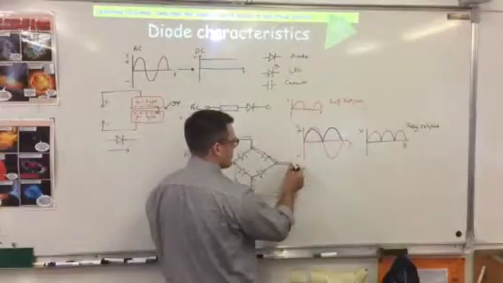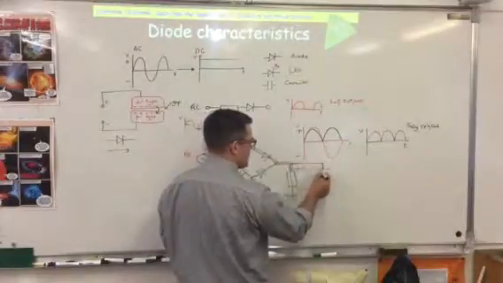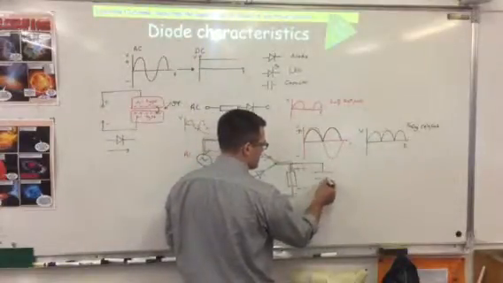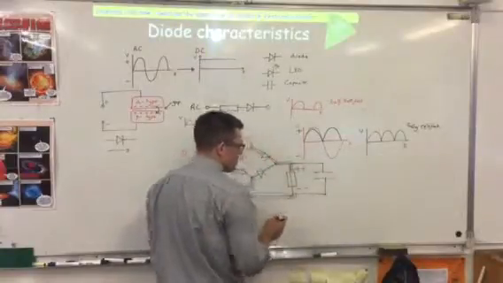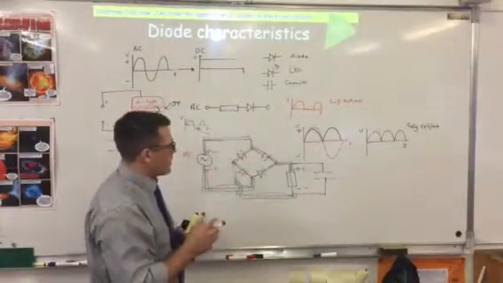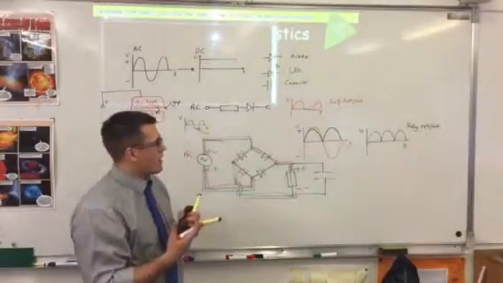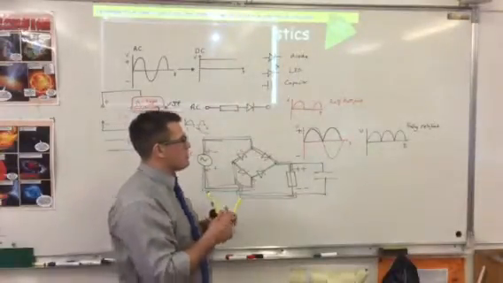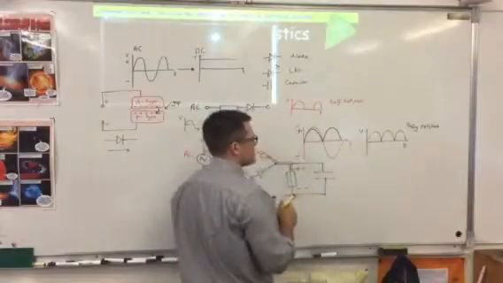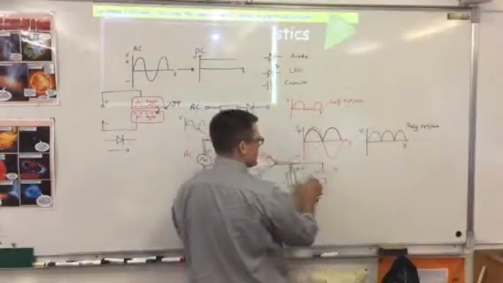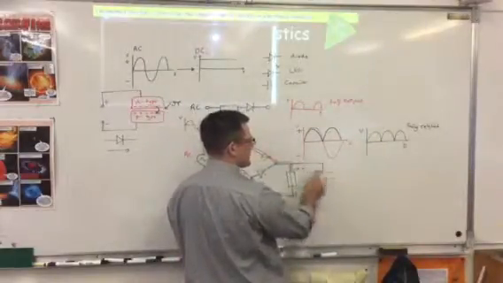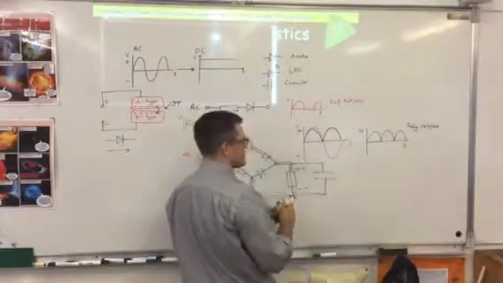So we connect our capacitor across our resistor, and what happens is the capacitor will get charged up by the voltage input here, the voltage peak. So as the voltage increases across both the resistor and the capacitor together, the capacitor will get charged up.